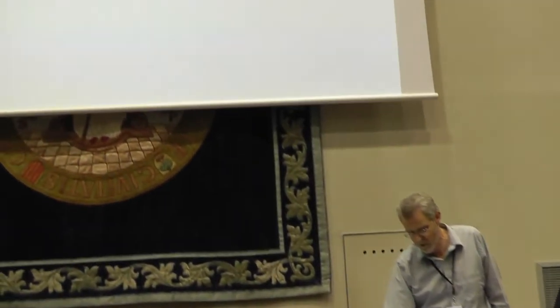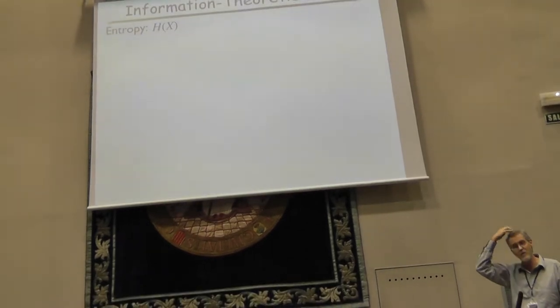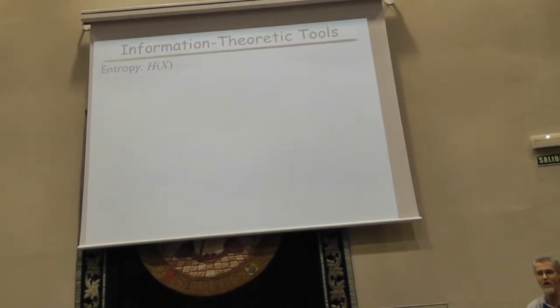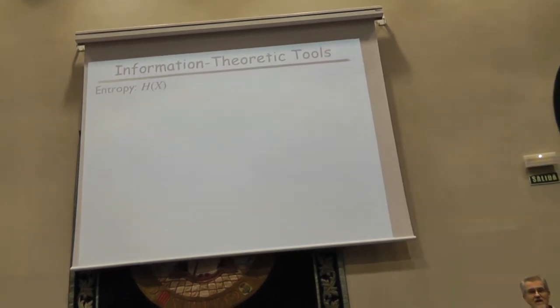Okay? So just very quickly, I'm using for the most part very simple tools from information theory. The key concept in Shannon information theory is the entropy of a random variable. It's basically a measure of uncertainty. If I make a measurement on this random variable and I always get the same result, because it's just constant, there's no uncertainty about what a new measurement is going to see.